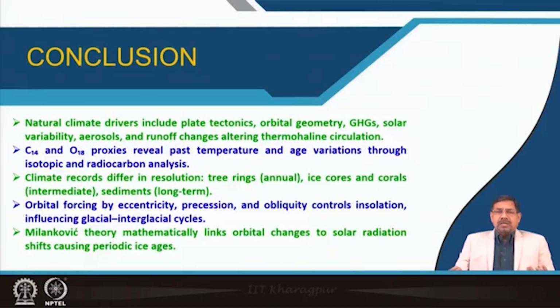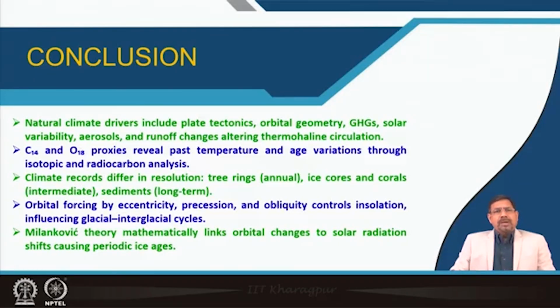As I mentioned, in terms of spatial and temporal resolution, when you go back millions of years, then we go for sediment records. When we are going for shorter ones, we go for annual rings or instrumentation based records, and this is with respect to time. With respect to space also, instrumentation and various satellites orbiting around the earth give us a lot of information these days, which are as recent as a few decades from present.